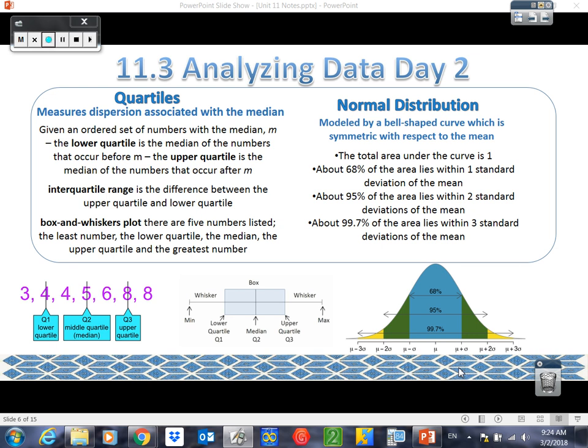And then we would have those outliers, which would be even smaller, so 0.3%, so 0.15% on either side would be outside of 3 standard deviations of the mean. So we're going to use this concept when we work word problems that talk about normal distribution. Okay, questions so far? All right, let's go to the examples.